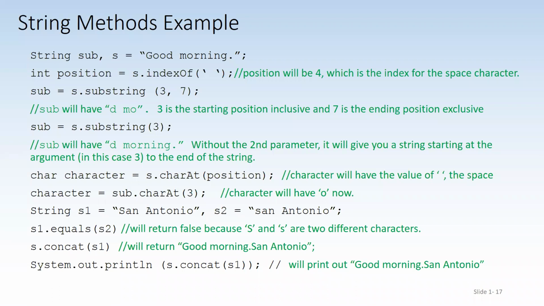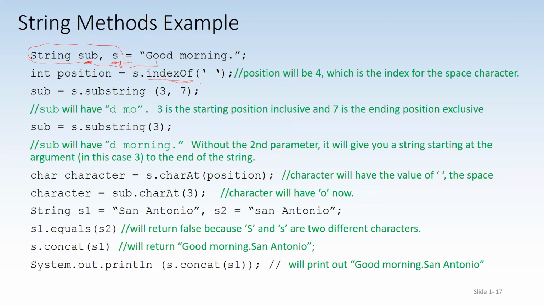Okay. So here are some string methods examples. I'm giving you these examples so that you know how to use it. This is declaring two string reference variables, and sub doesn't have a value yet, but S has a value. Good morning, right? Okay, and now here is a method called index of, and we have this in Python also.